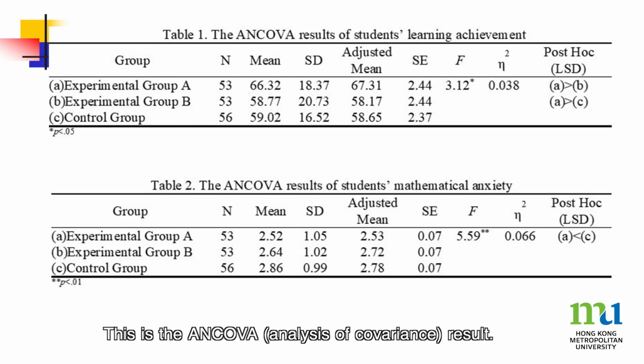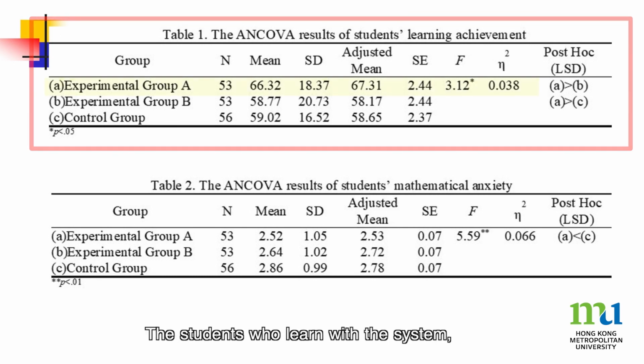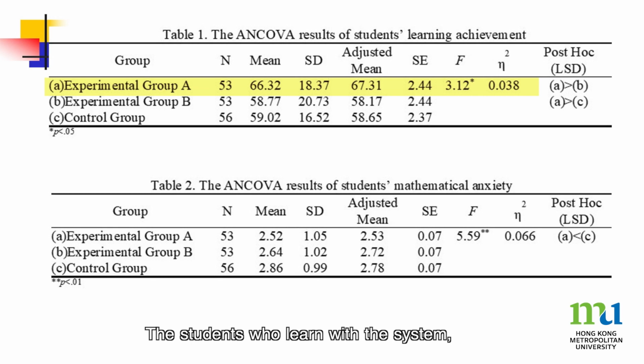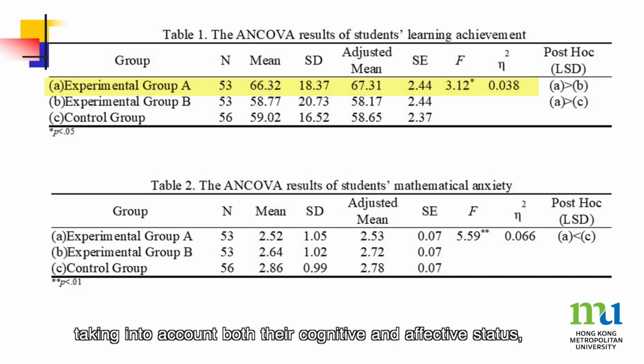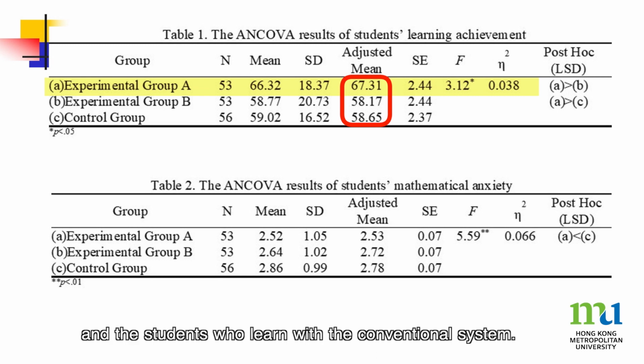This is the ANCOVA result. As we can see from this table, the upper table, this is about the learning achievement test. The students who learn with the system, taking into account both their cognitive and affective status, have much better learning outcomes than those who learn with the system taking into account only the cognitive status, and the students who learn with the conventional system.